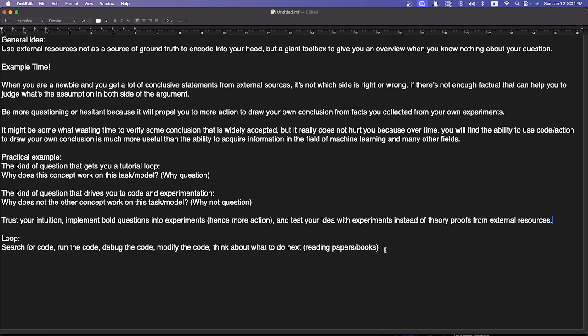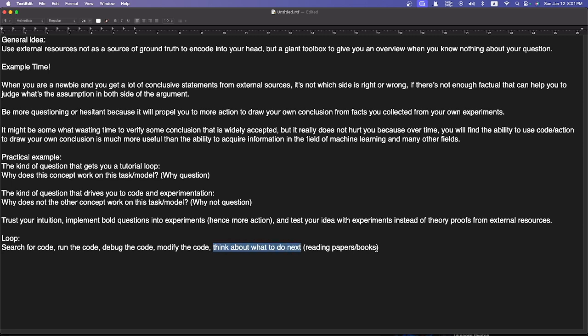After all, write the code: search for how you can implement the research question in your head, run the code, debug the code, search for ways to debug. ChatGPT is your friend; it does really good debugging. Modify the code, and if it runs through and the experiment is complete and you are able to draw some conclusion, then you can think about what to do next.